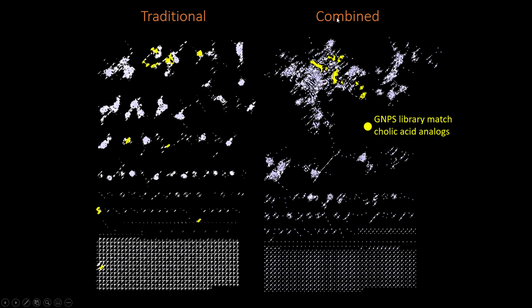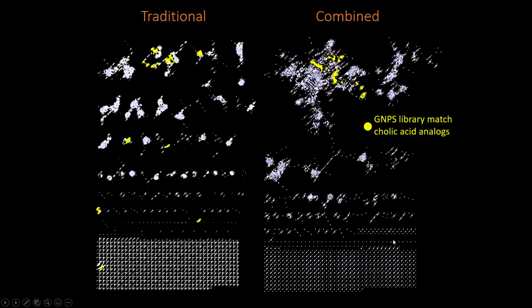And if we combine ion identity networking and feature-based molecular networking, we end up with a better and bigger network here, and we bring everything very close together. So all the cholic acid analogs are now in one big network, and we also reduce the number of singular nodes and the number of small networks.